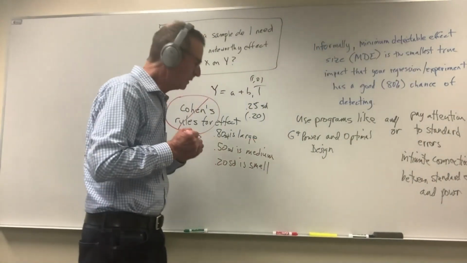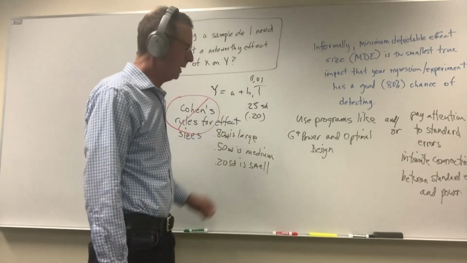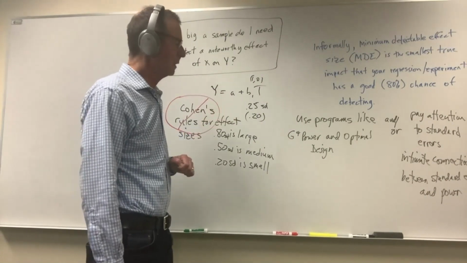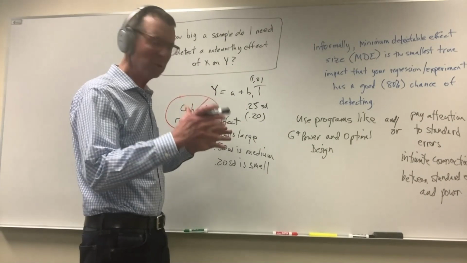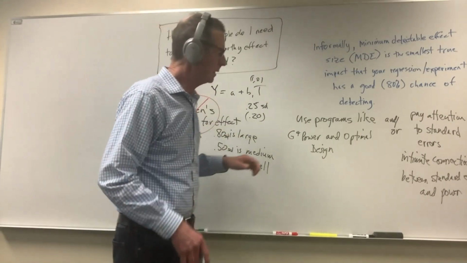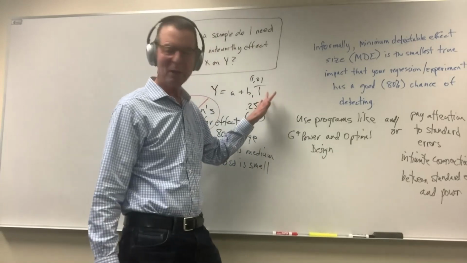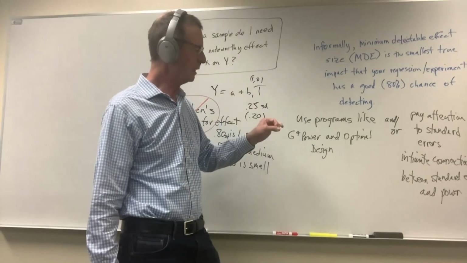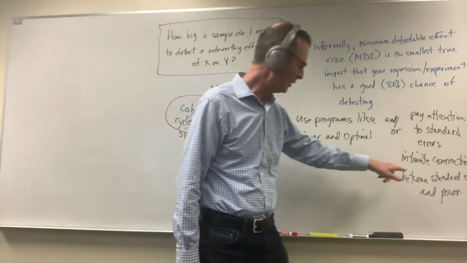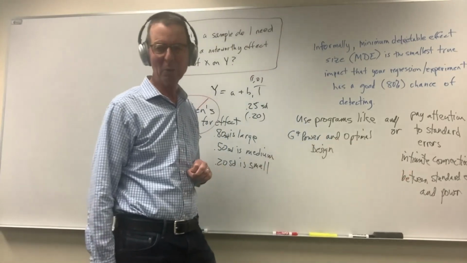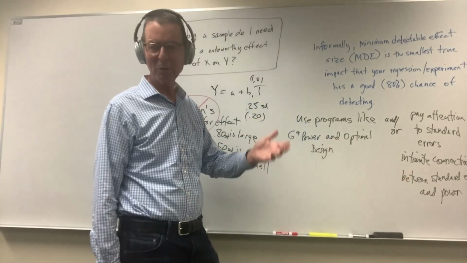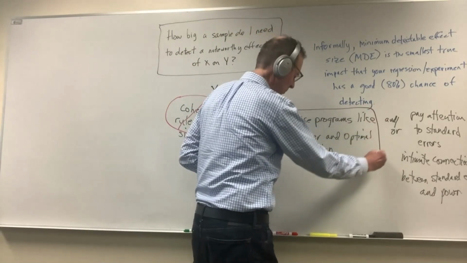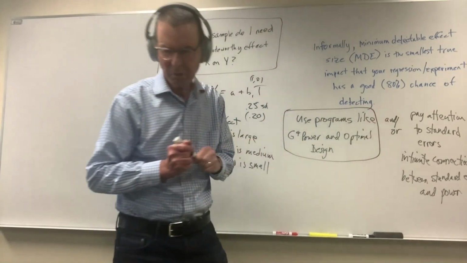If you remember way back in maybe the second week, I had a little part of a lecture about standard errors, and I talked about how they can be a guide to multicollinearity. They certainly are a direct guide to how confident you can be that a particular parameter is real. But the last thing on the list was that standard errors are very useful for telling you something about power. So we're finally getting around to explaining why that's the case. But let's start out with these programs, the ones that you use for this week.